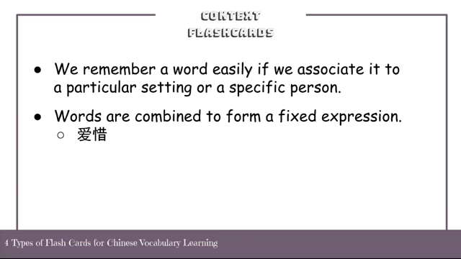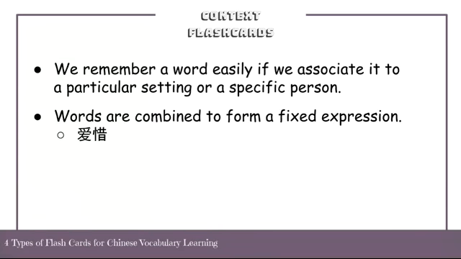So the example I'm giving you is 爱惜. 爱惜 is one word which means to treasure, to cherish. 爱 means to love. 惜 means to cherish. 爱惜 put together means to cherish, to treasure.